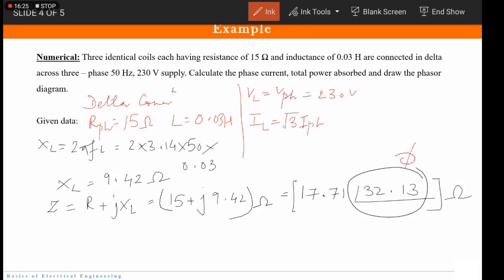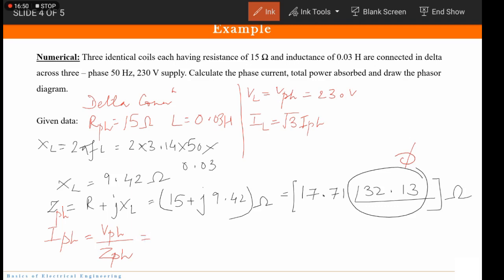So what is the next step? I have to find out phase current. The phase current is the phase voltage upon the phase impedance, ZPH. What is phase voltage?